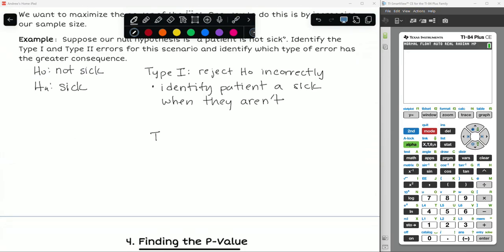Type 2 is the reverse. So type 2, we fail to reject incorrectly. I know how to spell, don't judge me. It's been a long day.